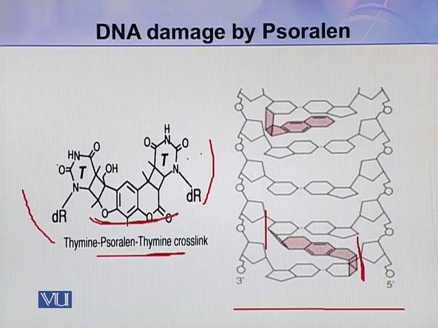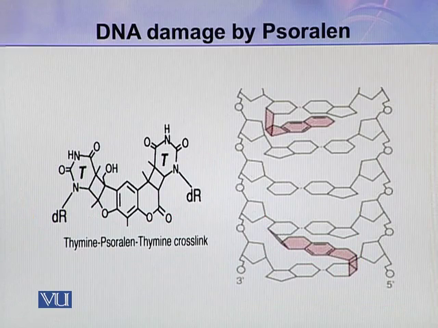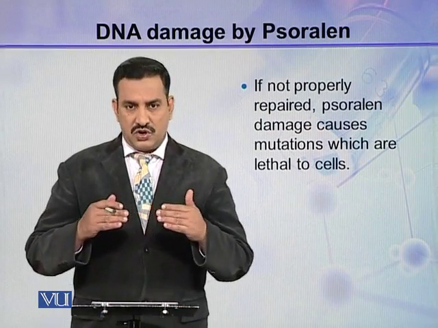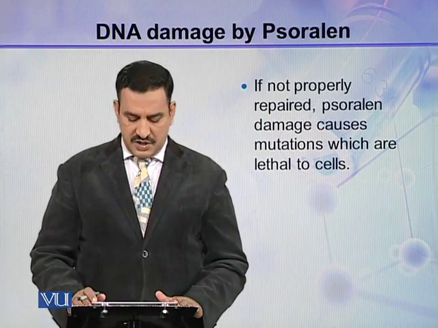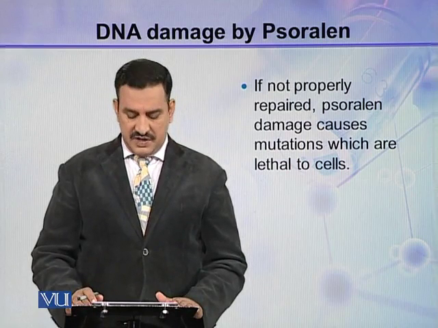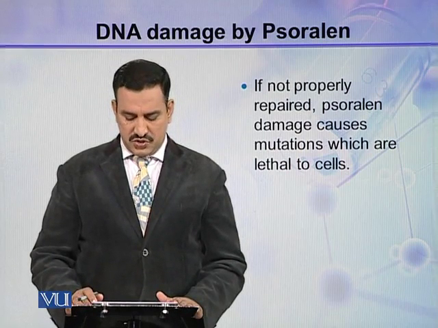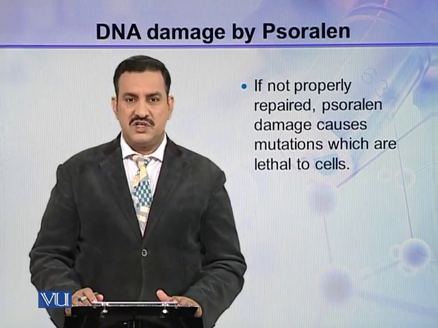So this is a cross-link between two strands. In this way an interstrand cross-link is formed by psoralen. If this cross-link is not properly repaired, psoralen damage causes mutations which are lethal to the cells.